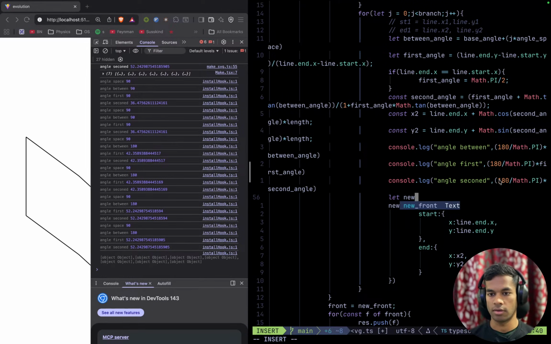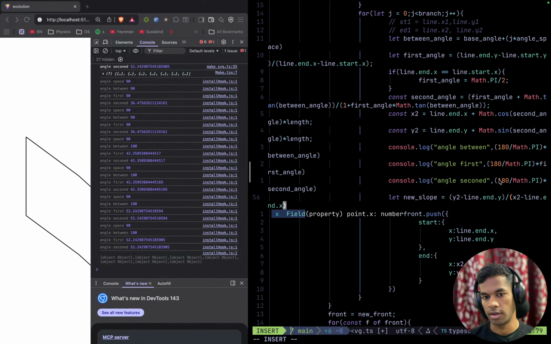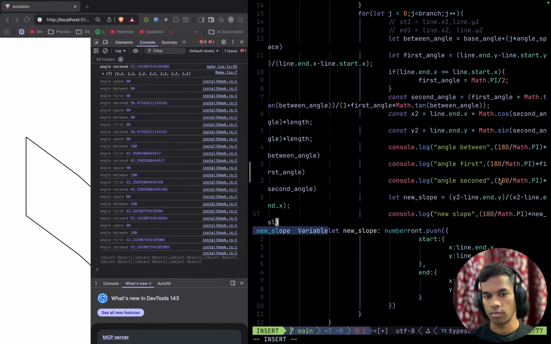Let's say new slope equals y2 minus line dot end dot y divided by x2 minus line dot end dot x, and console.log new slope is equal to 180 divided by math dot pi into new slope.